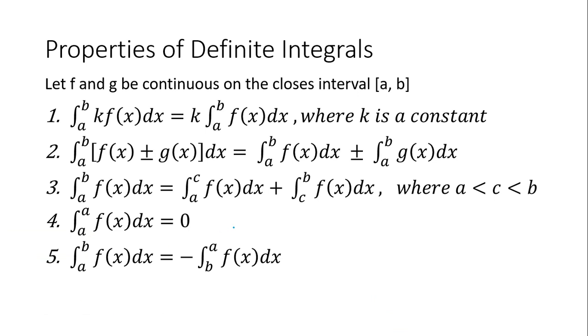Now, here, this is what I was talking about on the last drawing. If I have a negative area, or vice versa, if I have the integral of a to b of f of x is equal to the negative integral of b to a, this is just reversing my order of integration, which is thus making a negative area positive in that occurrence.